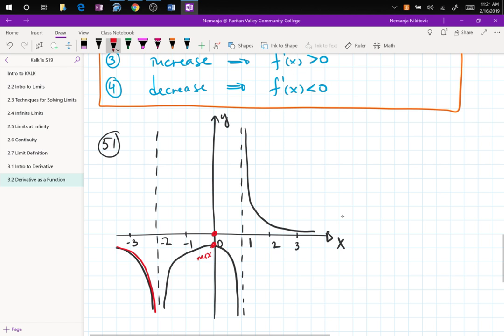Then we have the increasing function, which means your derivative has to be above the x-axis, and it has to go into a 0 there, because next is the decrease, so it has to go down. And it has to cut through 0, because that's where the maximum value was. And now we have another decreasing part on the other side. So that's going to be this.